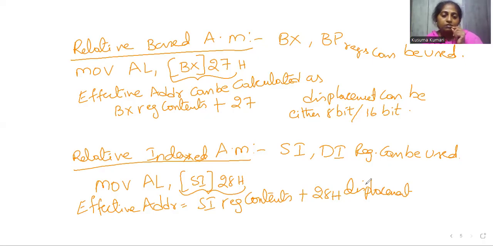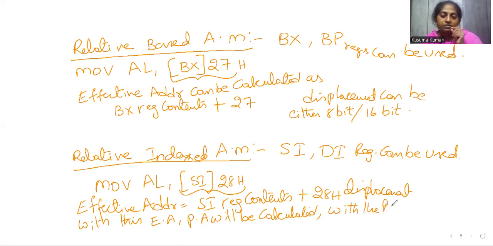So this is the effective address. With this effective address, physical address can be calculated. With the physical address, memory location is identified.